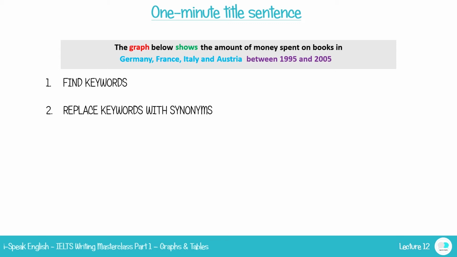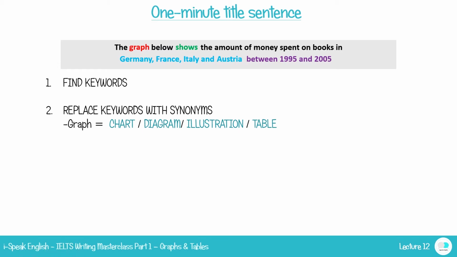So in the majority of the questions you will get, the title will have a very similar structure. It will always say the graph or a synonym for the graph, and it will always contain the word show or a synonym for the word show. So if you have the word graph, you can change it for chart, diagram, illustration, possibly table.